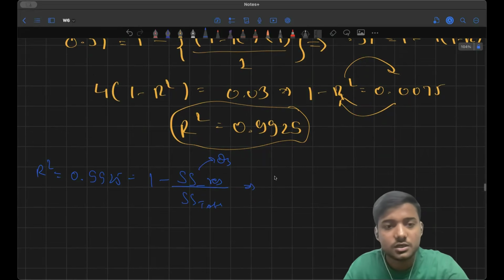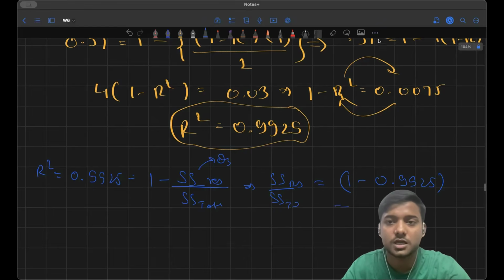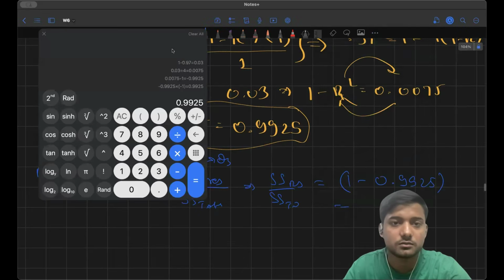So this becomes sum square residual is equal to 1 minus 0.9925, right, into sum square total. This is what we have. So again, let me use the calculator: 1 minus 0.9925. This is what we have.